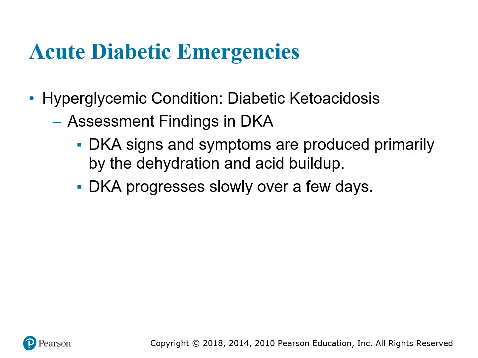This doesn't happen very quickly. It often progresses over a few days. And in the process of this buildup of ketone bodies and excessive blood sugar, they're going to become more dehydrated. You might see poor skin turgor, or they're going to develop what we call Kussmaul respirations, where they're breathing very hard and very fast.